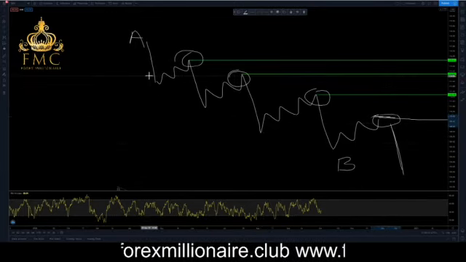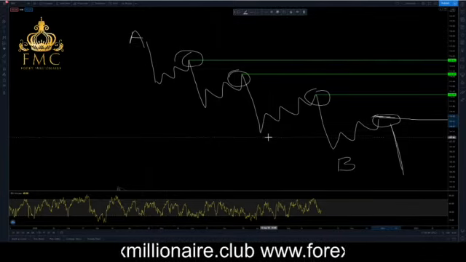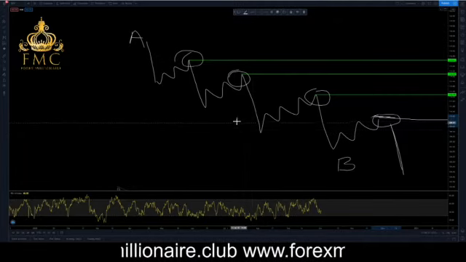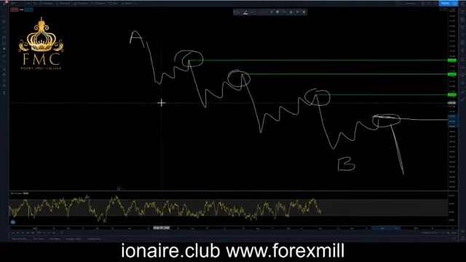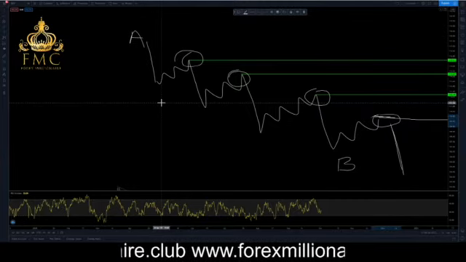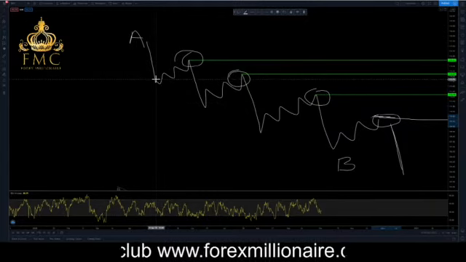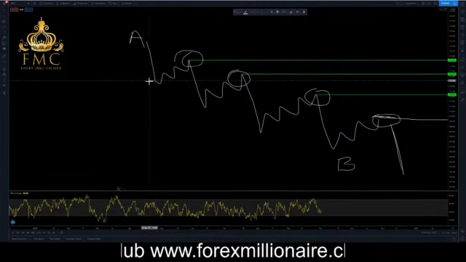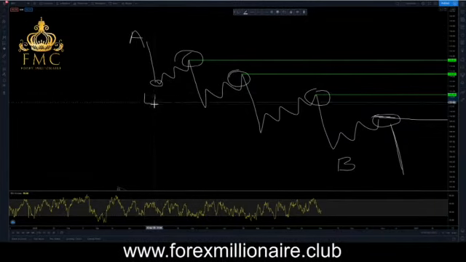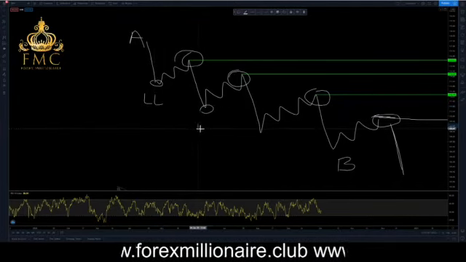Now, within this downtrend, there are certain components that we also need to identify, and there are certain terminologies that you need to know, especially when you are absorbing another person's analysis. So we have the part here, which would be the lower low within this downtrend. These parts here, lower low.